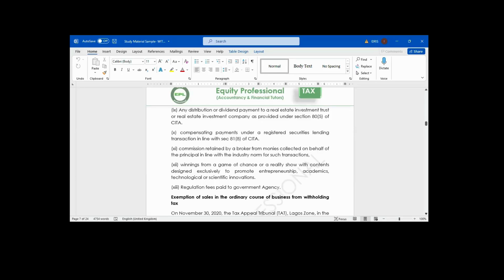Commission received by brokers on behalf of principals is exempted from withholding tax.